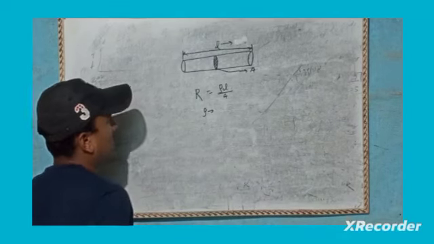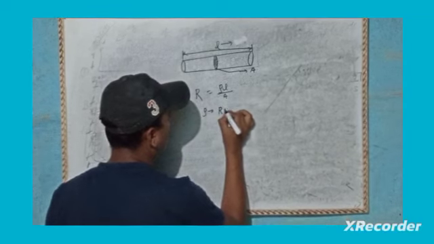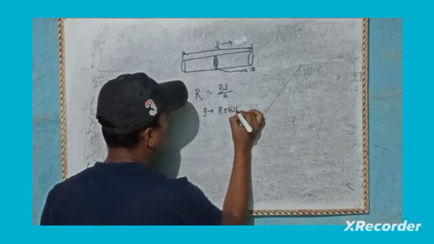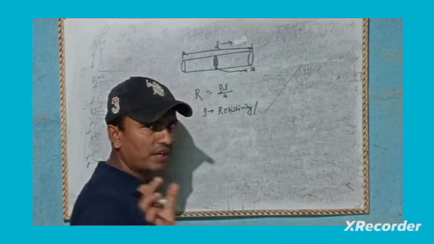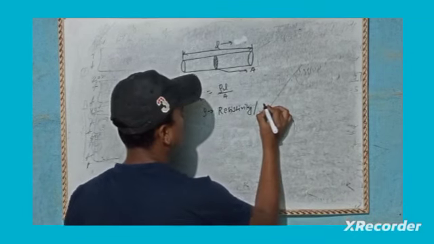Rho is the resistivity, or specific resistance.